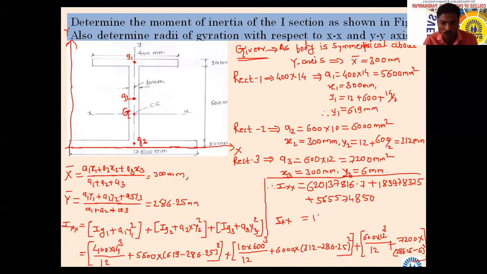This is coming very large. 13696, just check. 910, 910, 042. 91042 mm raised to 4. Ixx.